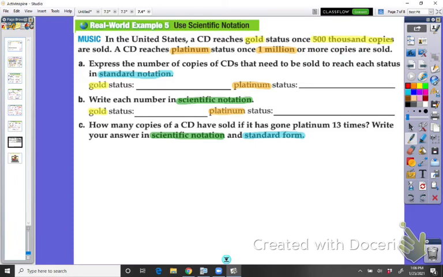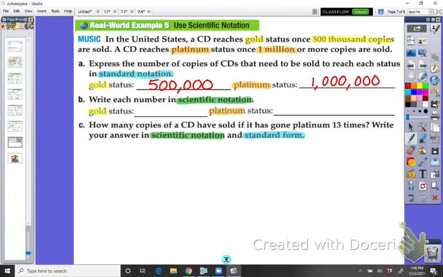That means they have 1 million or more copies of their CD sold. So we're going to express the number of copies in standard notation for gold and platinum. This just means as a normal number. So gold status is 500,000. Platinum is 1 million, so 1 with 6 zeros.